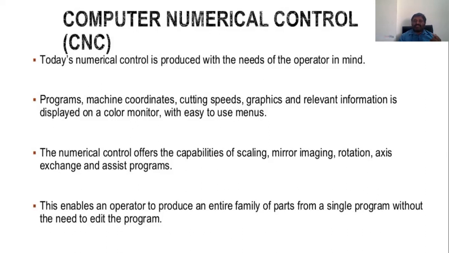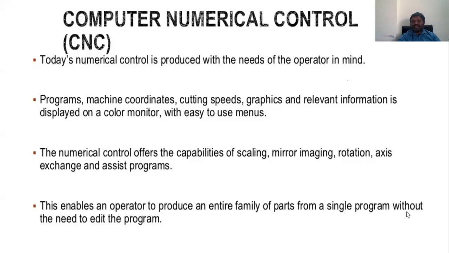And we can go in all directions, and it is capable of scaling, mirror imaging, rotation, and axis exchange, and an entire family of parts from a single program without needing to edit the program. Once we have made this, there is no need to do it every time.